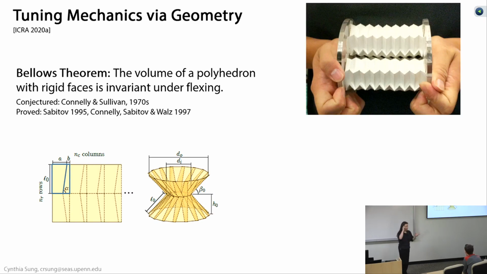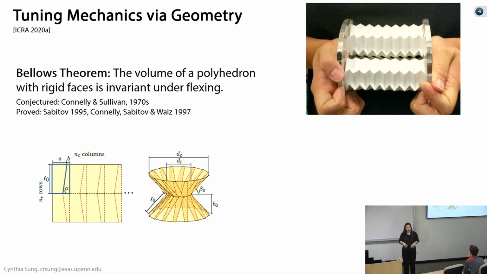So the way to think about this is, for example, when you have a cardboard box, right? Usually when you flat pack a cardboard box and then you unpack it into box shape, right? When you're doing that unpacking, the volume inside of the box is changing, but the top and bottom faces are also changing shape, right? So in that case, the volume is changing, but the faces are also flexing. Once you fold the top and bottom faces down, then the box becomes rigid, right?